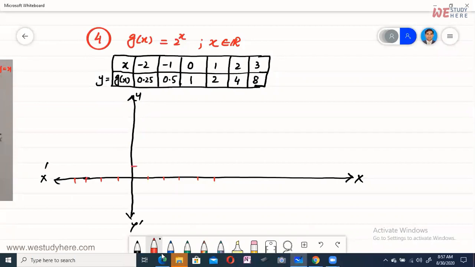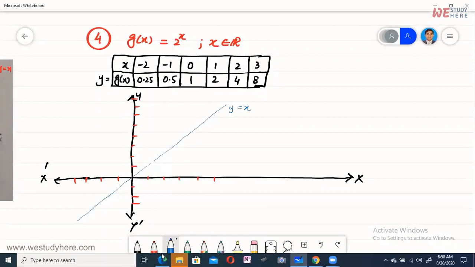Vertically 1, 2, 3, 4, 5, 6, 7, 8. Down there is no negative value, but if you are writing, no problem. Before drawing the graph, we need to draw the line y is equal to x. This will bisect the first and third quadrants.